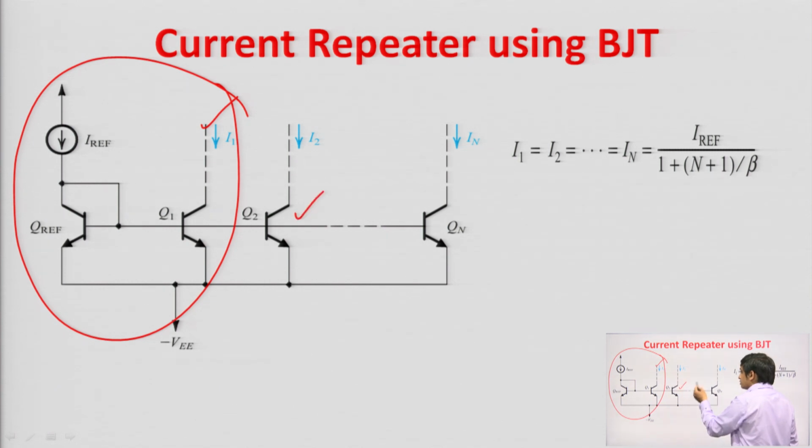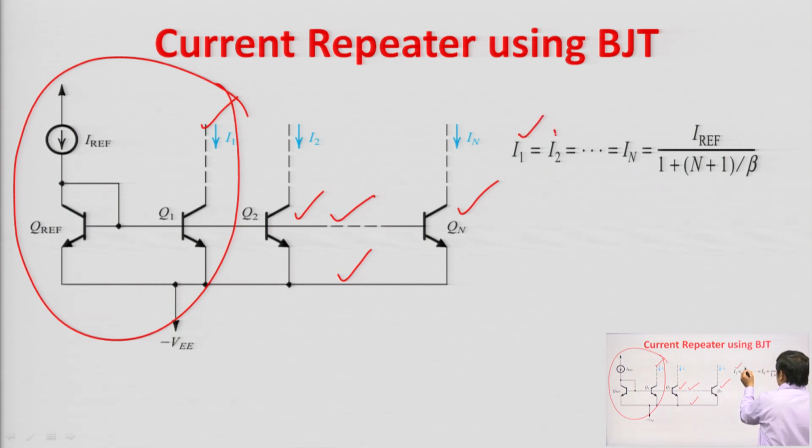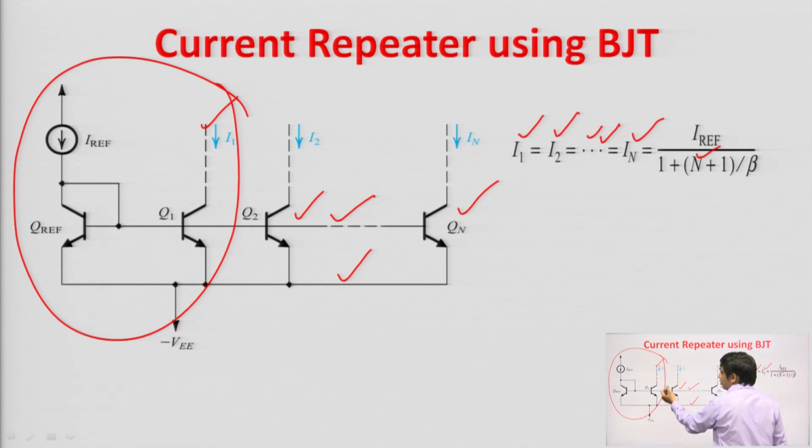For example, Q2, Q3, Q4 transistors, Qn transistor, n number of transistors we can connect, and the base of all the transistors are shorted and emitter of all the transistors are shorted, then in this case I reference will be equal to I1 equal to I2 equal to I3 equal to I4 equal to In, that is equal to I reference upon 1 plus n plus 1 upon beta. What is capital N? Capital N is the number of that transistor. For example, if you want to calculate the collector current of Q1, then capital N will be 1.